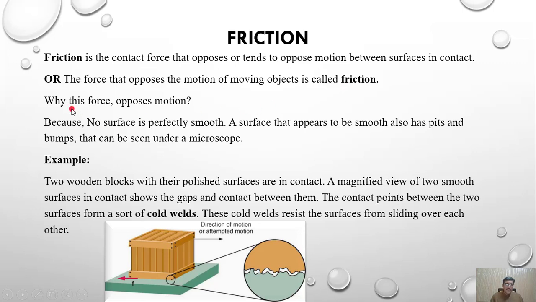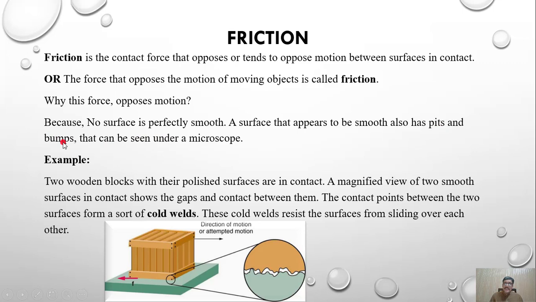So here is a question: why does this force oppose motion? Because no surface is perfectly smooth. A surface that appears to be smooth also has pits and bumps.